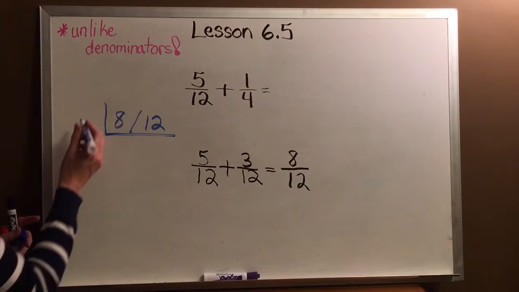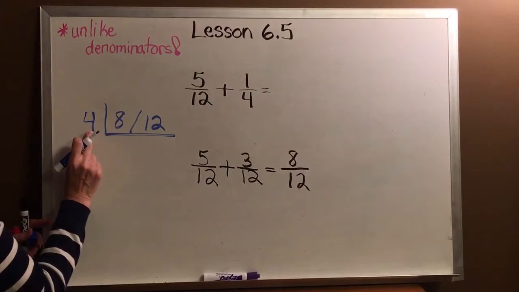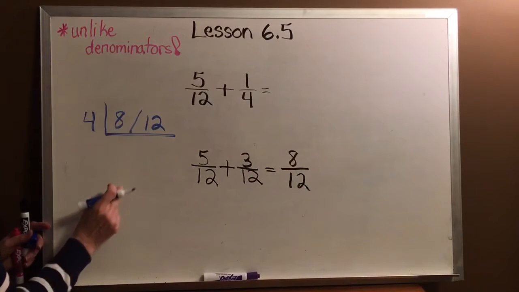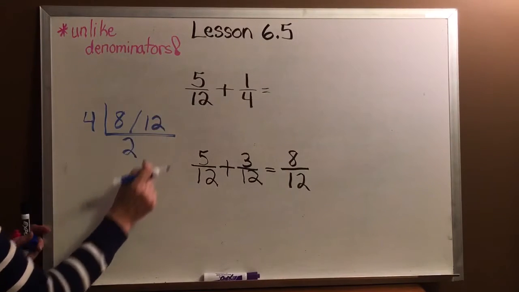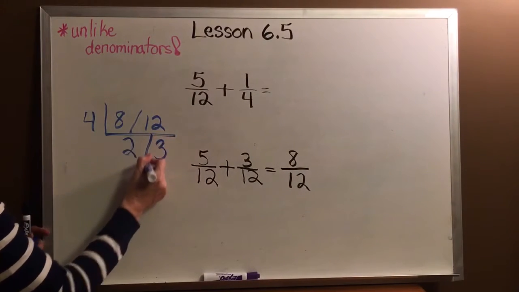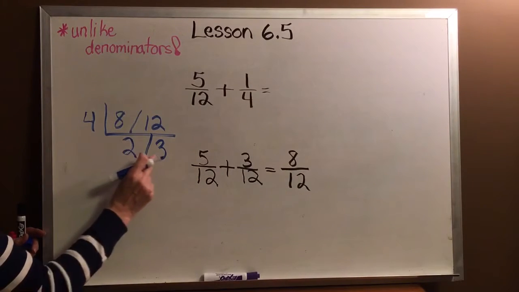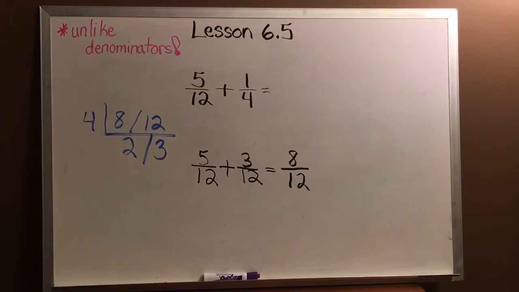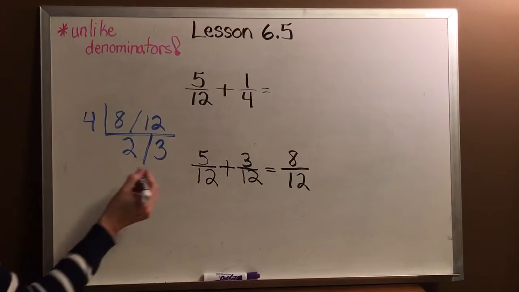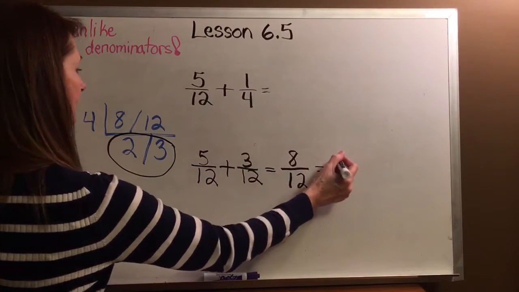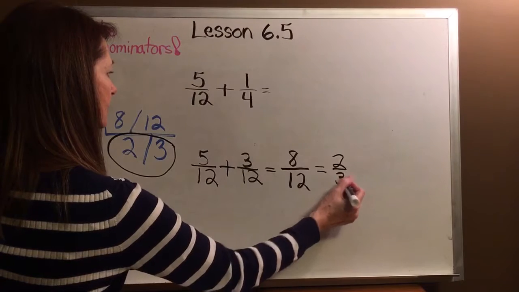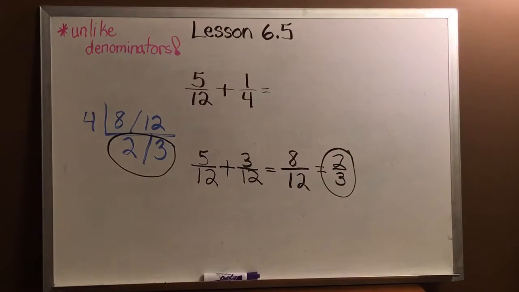Today I'm going to go ahead and use 4. 4 times what is 8? 4 times what is 12? Can I do this again? Is there a number that will go into both of these? No, there is not. So this last fraction, 2/3, is my reduced fraction. So right here, 2/3 is my final answer.